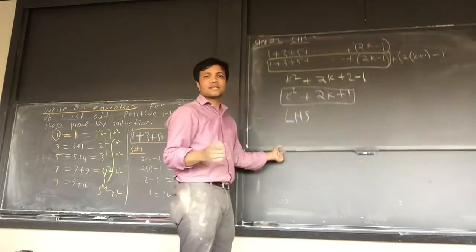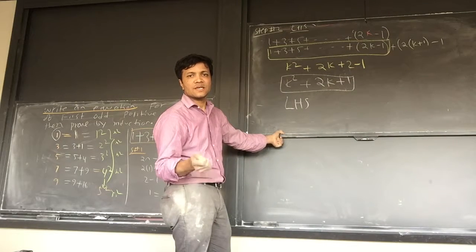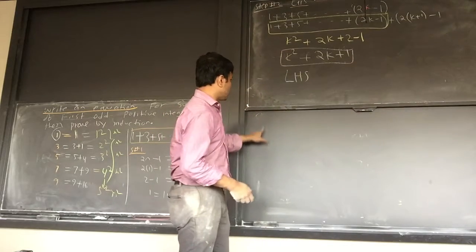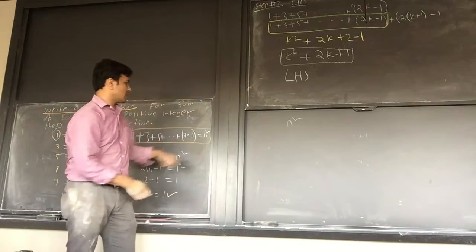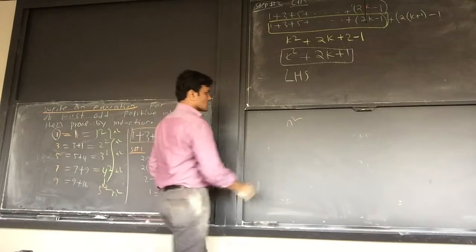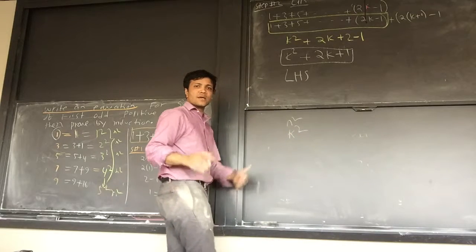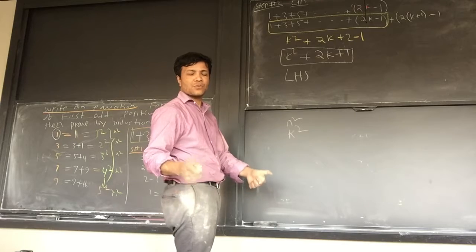Now we have to find the right hand side. If the left hand side is equal to the right hand side, then we prove it by induction. The right hand side is easy, it is n squared. So whenever we see n, we're gonna replace it by k, and then we're gonna write the k plus 1 thing.